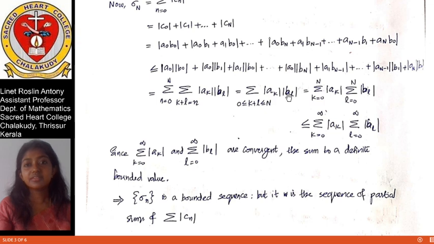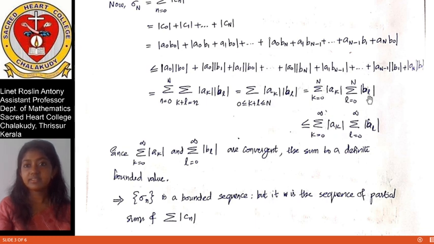And this is nothing but summation k is equal to 0 to n modulus of AK into summation l is equal to 0 to n modulus of BL. We are just splitting the terms and both are equal.